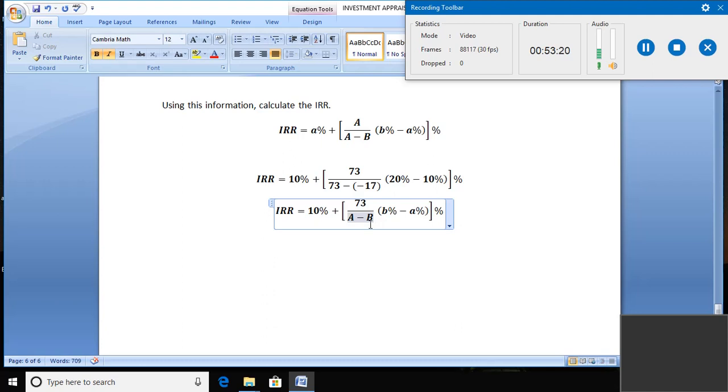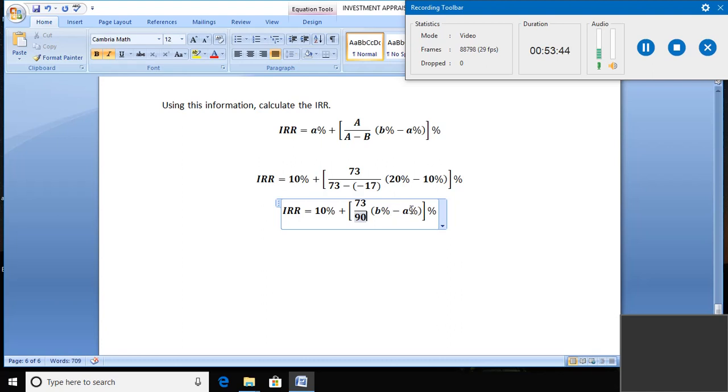The denominator here, you see, a negative multiplied by a negative will be a positive value. So 73 minus negative 17 will result in 73 plus 17. How much value will that be? That is something like 90.